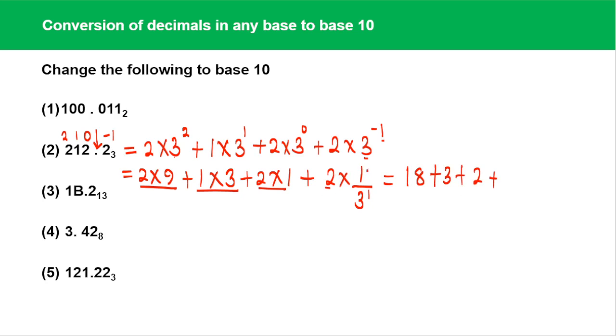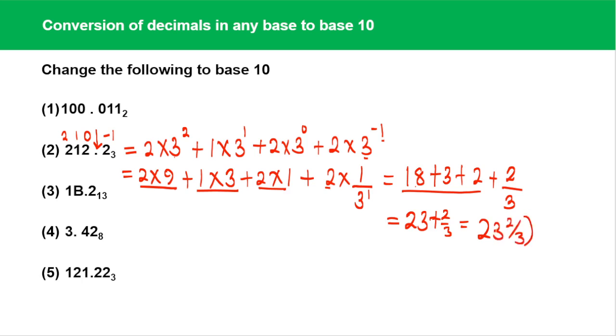Remember, it multiplies only the numerator of the fraction. That will give us 2 over 3 to the power of 1 is 3. Now if we add the whole numbers together, we have 18 plus 3, that is 21. 21 plus 2 will give us 23 plus 2 over 3, which is the same thing as 23 whole number 2 over 3.